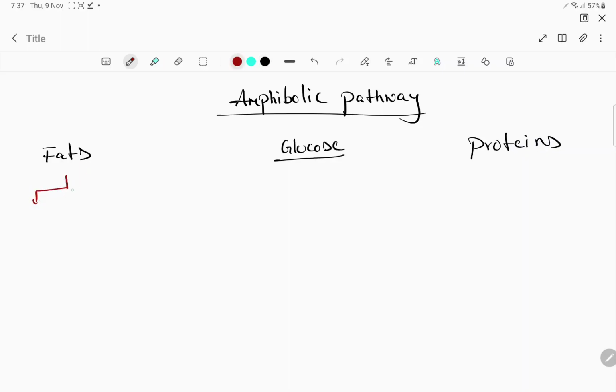Fats are split into 2 compounds: fatty acid and glycerol. Proteins are split into amino acids.